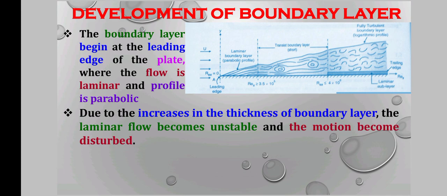And the development of the boundary layer. The boundary layer begins at the leading edge of the plate where the flow is laminar and the profile is parabolic. Due to the increase in the thickness of the boundary layer, the laminar flow becomes unstable and the motion becomes disturbed. Finally, we see the fully turbulent boundary layer with a logarithmic profile, and it has a laminar sublayer towards the trailing edge.